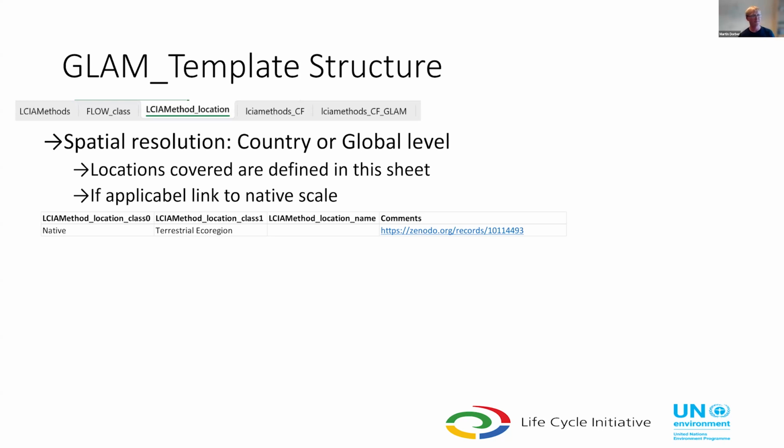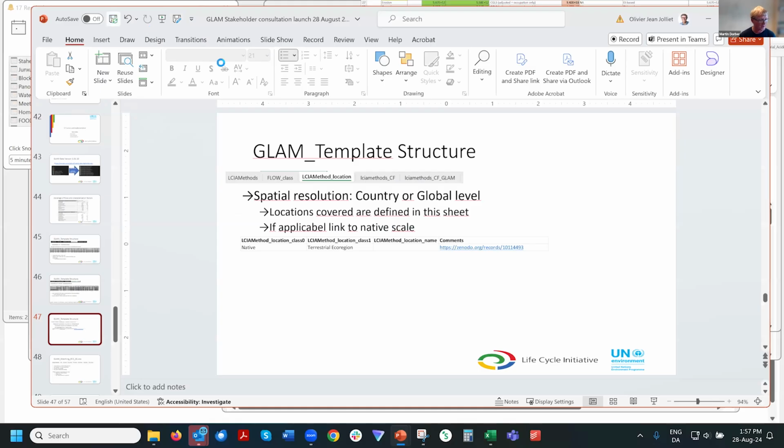What you see with this is that native scale characterization factors, if they're more spatially detailed than the country level, are not included here. But if these native scale characterization factors exist, you can get the link to it, download them, and then use the structure of the research version to use them. So this is just a disclaimer.